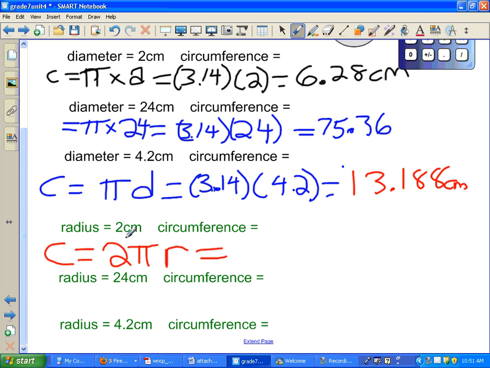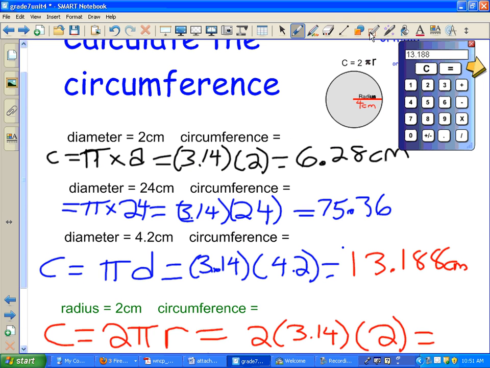Now, watch what happens when I put this in. I'll put 2 times 3.14 times the radius, which is 2. I'll work out the answer using a calculator, of course. So 2 times 3.14, and then I've got to multiply it by 2 because that was the radius, and the answer is 12.56.